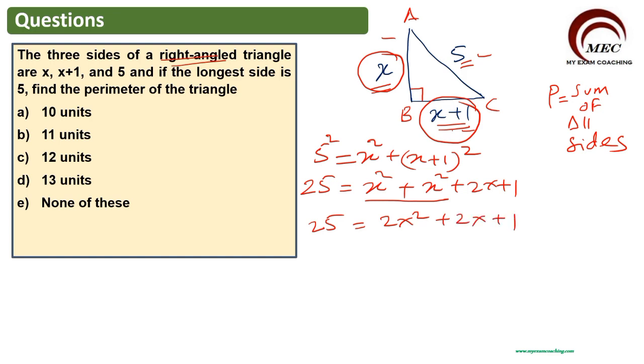If I take this 25 to this side, it will become minus 25. So my quadratic equation will become 2x square plus 2x minus 25 plus 1, minus 24. I can cancel this with 2, 2 twelves are 24. So I got the equation x square plus x minus 12 equal to 0.